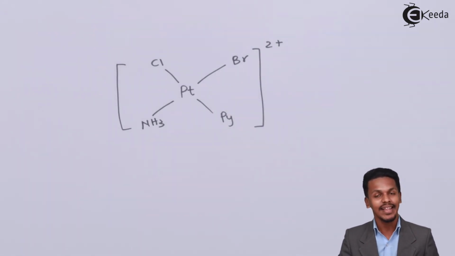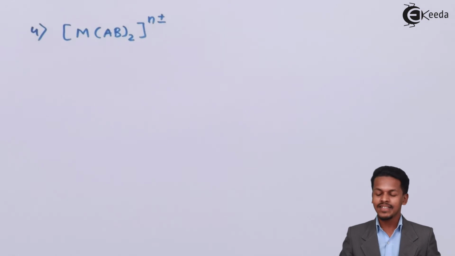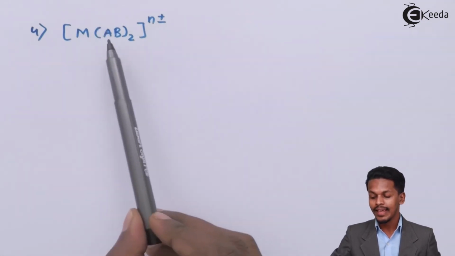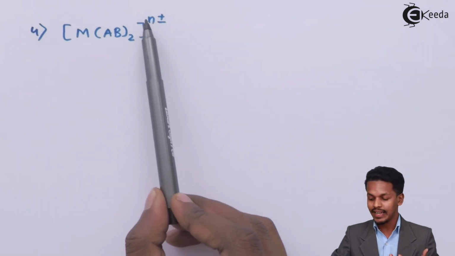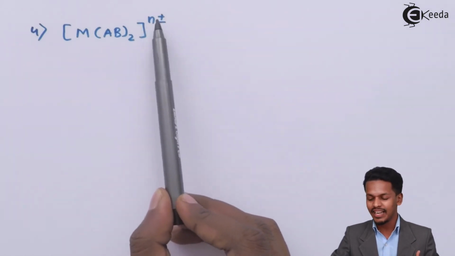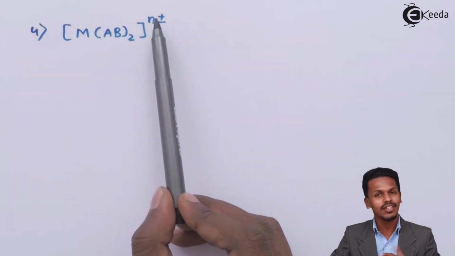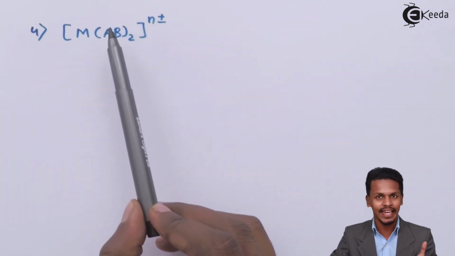And now let me talk about the next one. The next type is M A B 2, and in this case it will have a positive or negative charge, n number of positive or n number of negative charges, depending upon whether it is a cationic or anionic complex.